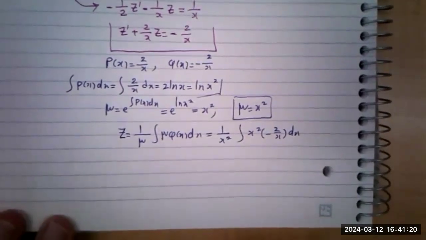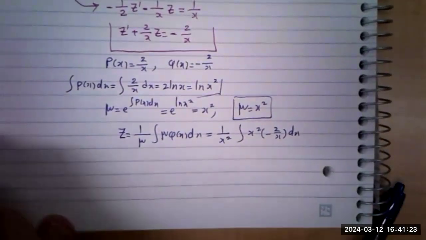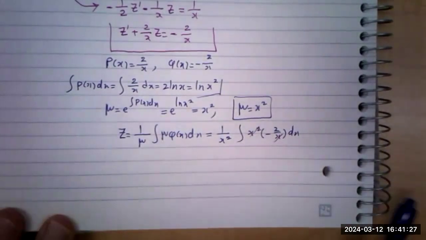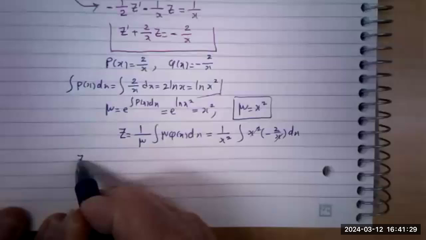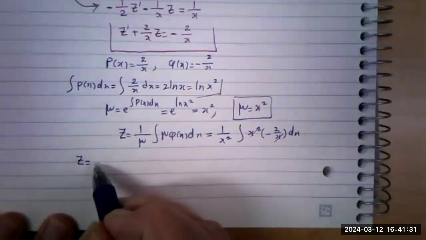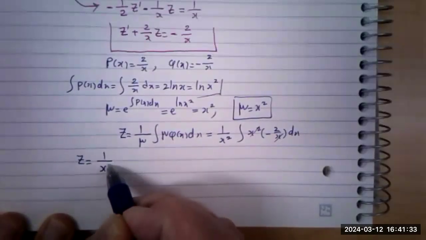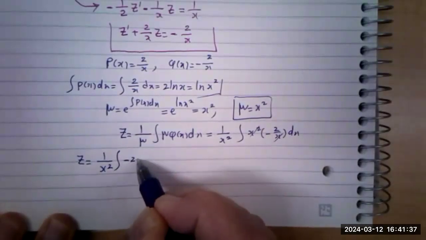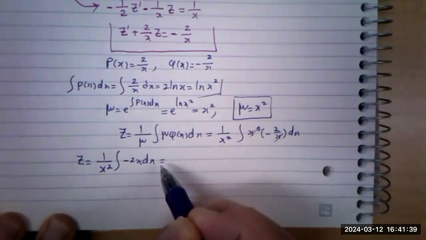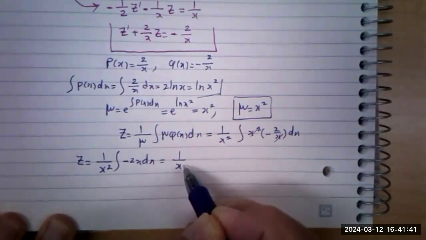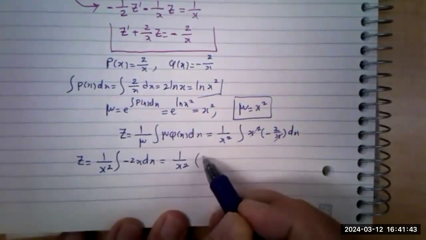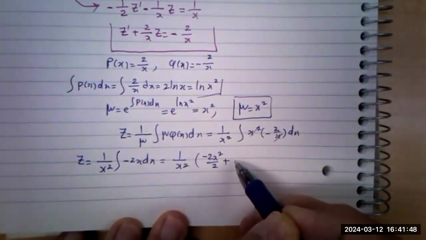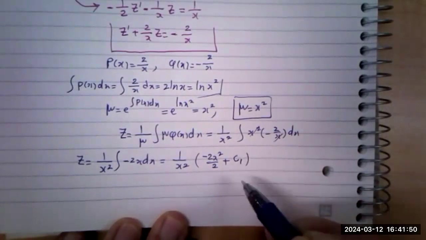When we simplify the inside, that gives us negative 2x. There you are. Z is equal to 1 over x squared times the integral of negative 2x dx. You're integrating, so you have negative 2x squared over 2 plus your first constant, which is going to be your c1.